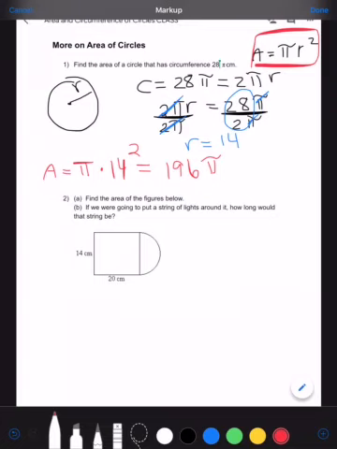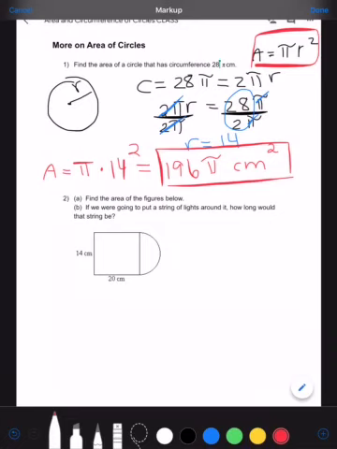And we know that the units of the area are going to be, you're right, squared. Okay, so then the area of the circle is going to be 196 pi centimeters squared.